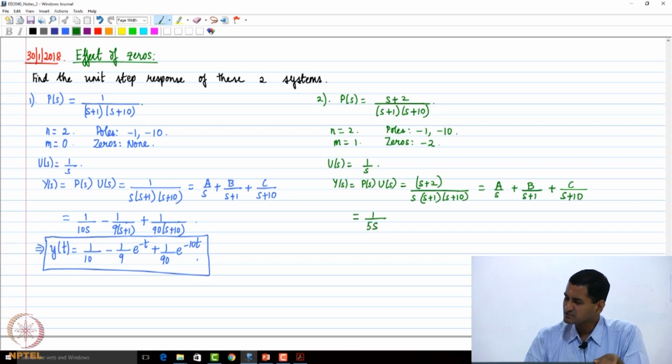Substitute s equals minus 1. So what are we going to have? We will have 1 in the numerator, and then we will have minus 1 plus 9, right? So minus 1 by 9, it will be the same. So I will have minus 1 by 9 times s plus 1, and then what about c?